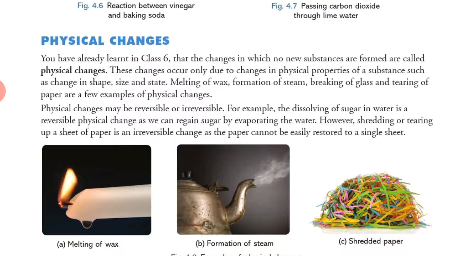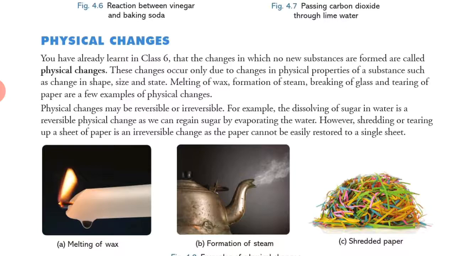For example, dissolving of sugar in water is a reversible physical change, as we can regain sugar by evaporating the water. However, shredding or tearing up a sheet of paper is an irreversible change, as the paper cannot be easily restored to a single sheet.